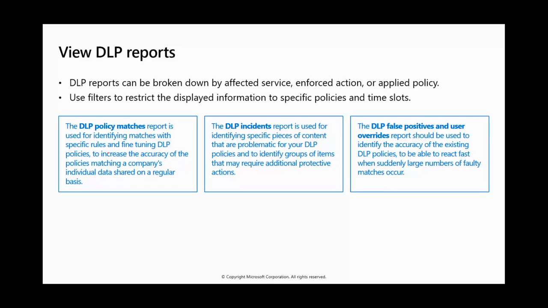Finally, the DLP false positives and user overrides report should be used to identify the accuracy of the existing DLP policies. So when we are identifying these false positives, we are able to react faster when suddenly a large number of faulty matches may occur.